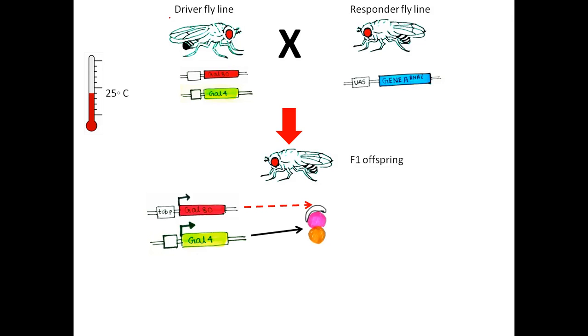You can see in the Gal4 there are two domains, one is orange and one is pink. The orange one is the DNA binding domain, which allows the transcription factor to bind to the DNA, to the upstream activator sequence, and the pink domain helps to start the transcription.